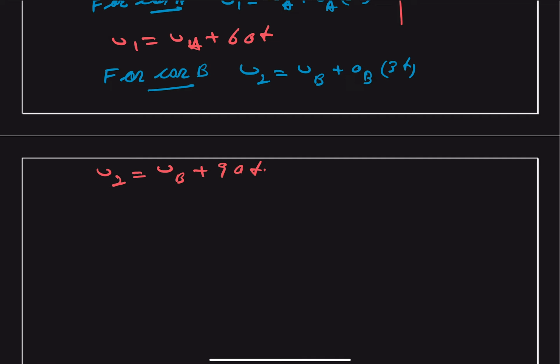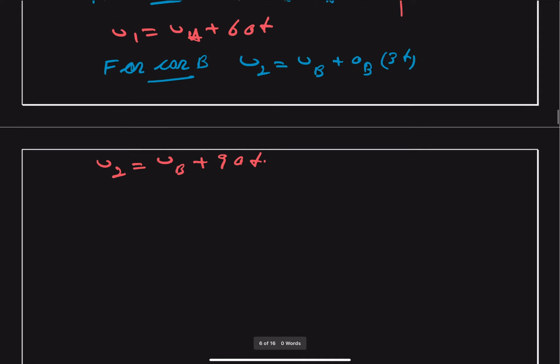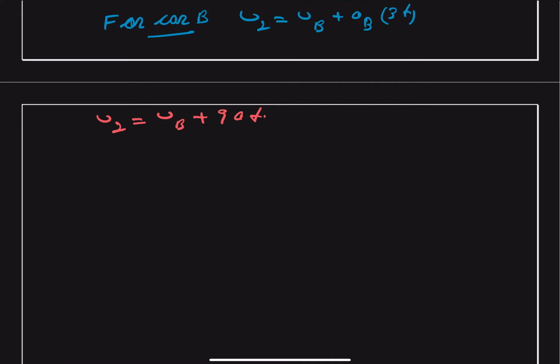Now here it is important to understand how the acceleration is going to play a very important part in both the cars. Okay, so let us discuss the acceleration part in detail. We know that the distance traveled by both the cars is different but the time is the same.